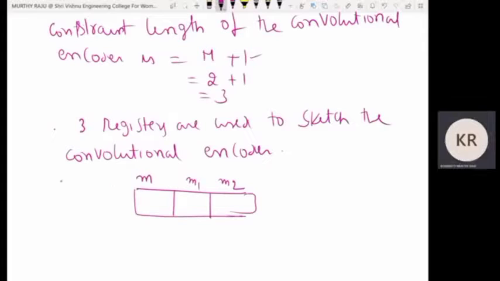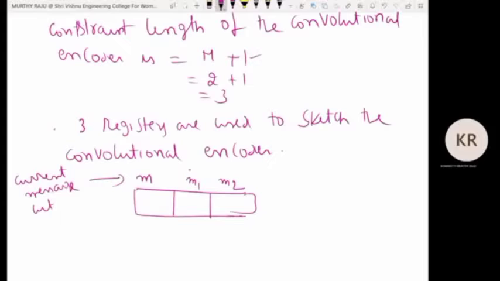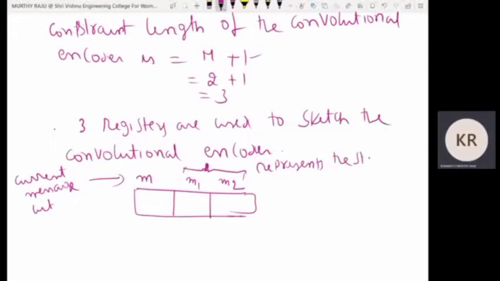Here M represents the current message bit position, and M1 and M2 represent the state of the convolutional encoder.